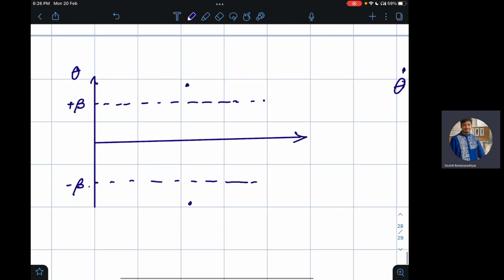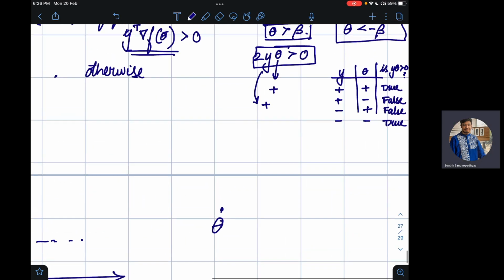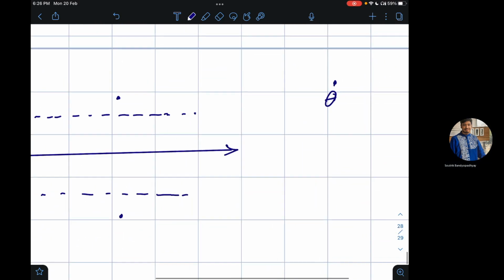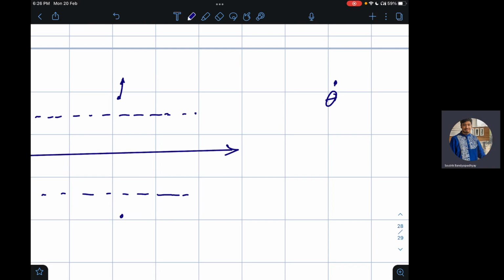If theta dot, which is essentially the y over here, is positive, and it is here and going above, so y is positive and theta is also positive, then we need to apply some intervention, right? So we need to make sure that this theta is becoming bounded to this positive beta line.